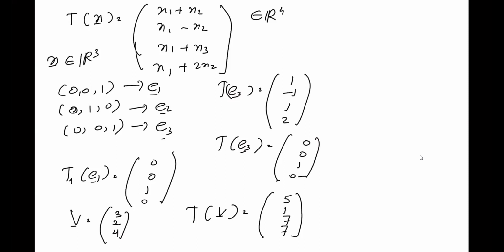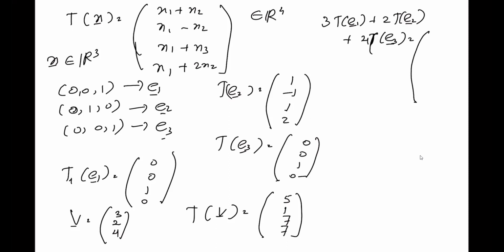And also if I get the combination 3 times TE1 plus 2 times TE2 plus 4 times TE3, I get, it means 0, 3, right? This should be, I think, x1 plus x2 TE1, right?